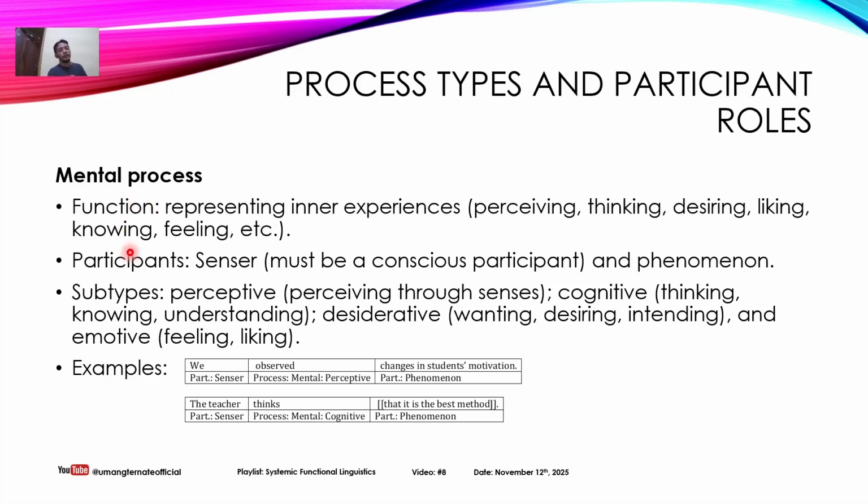The participants include the sensor, which must be a conscious participant like humans, and the phenomenon or the things that we sense. There are several subtypes of the mental process, including perceptive, cognitive, desiderative, and emotive.